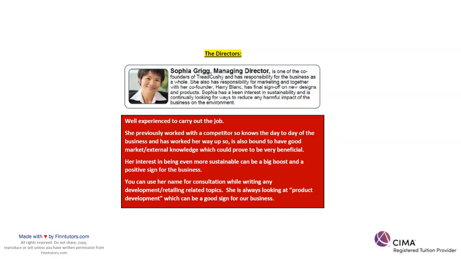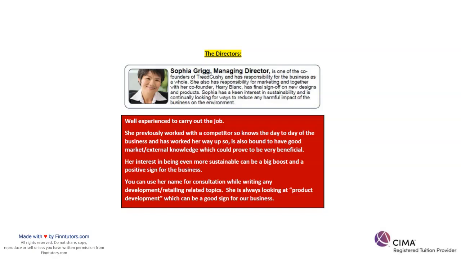In that, she looks at marketing and signs off on new designs as well. Sophia has a keen interest in sustainability and is continuously looking for ways to reduce any harmful impact of the business on the environment.